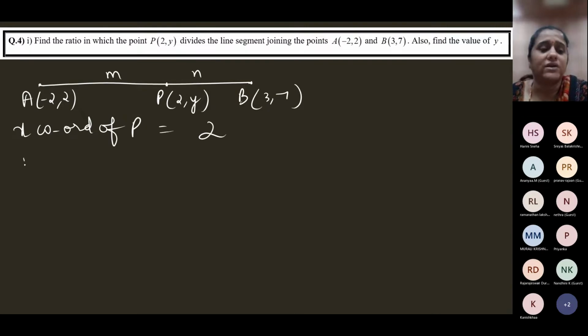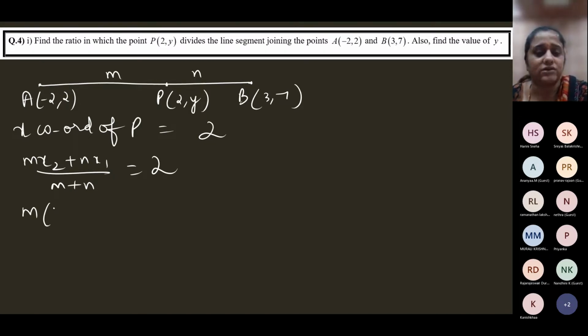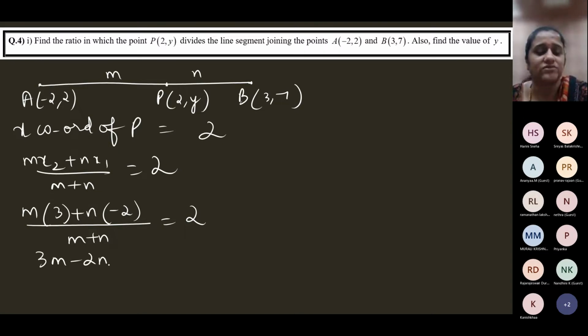But how do you find that? (m x2 + n x1) by (m + n) is equal to 2. That is, m into x2 which is 3, plus n into x1 which is minus 2, divided by m plus n, is equal to 2. Cross multiply. 3m minus 2n is equal to 2m plus 2n.